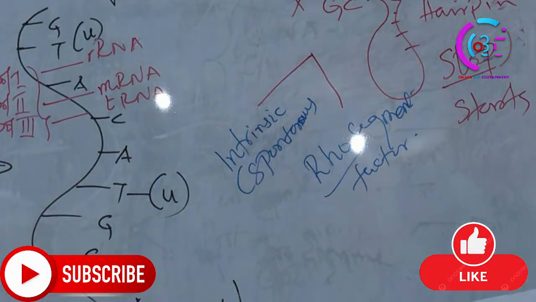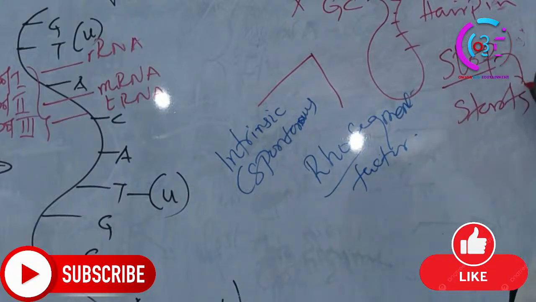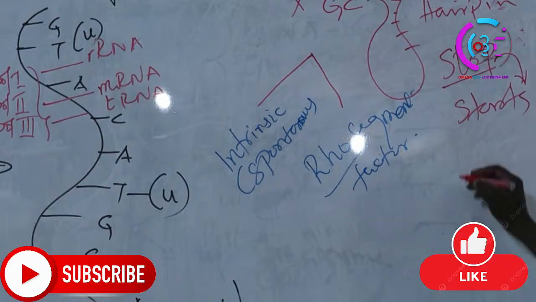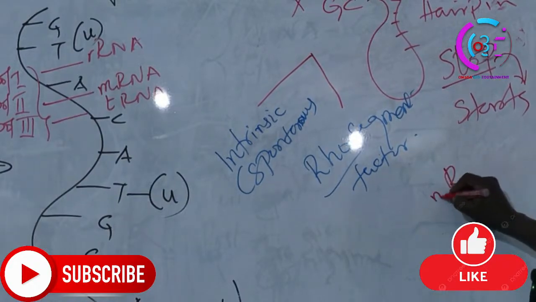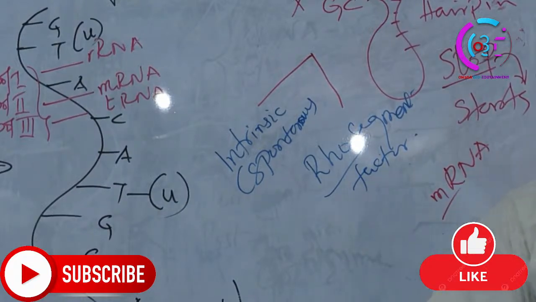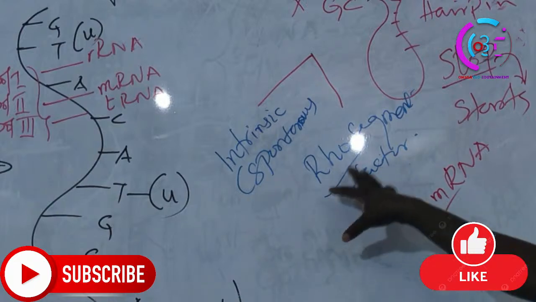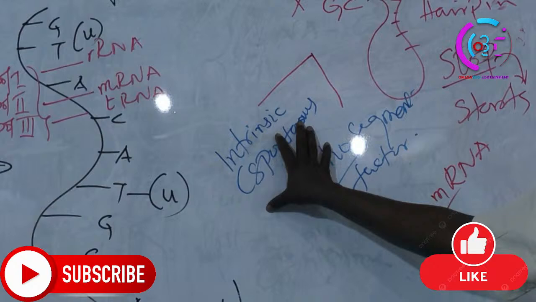The next stage, immediately after it has encountered the stop codon, is that the matured messenger RNA will be released after termination, after it has encountered either a rho factor or if it is spontaneous.